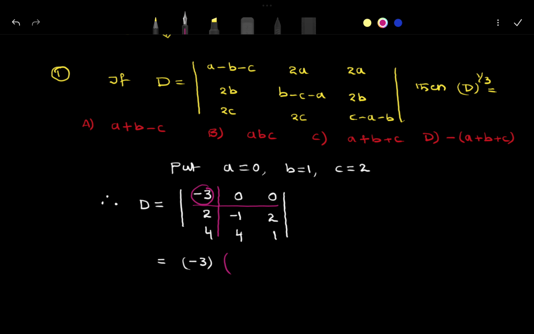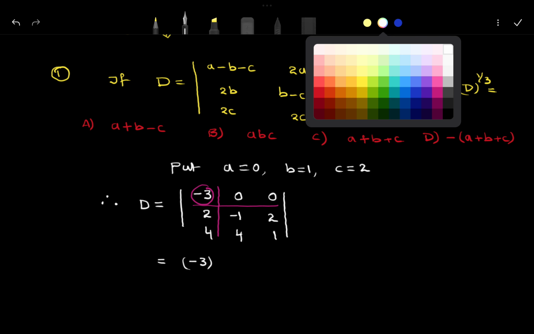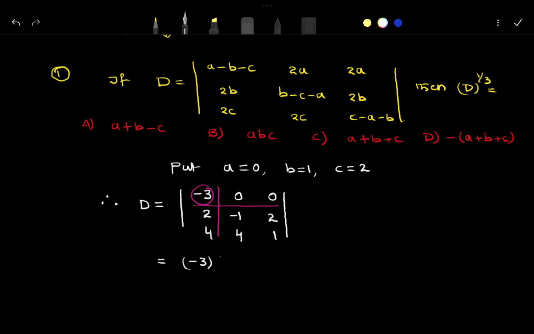That value is minus 1 into 1, minus 1 into 1, that value will be equal to minus 1, and minus 8. And remaining values: minus 0 into something is 0, plus 0 into something will be 0. So finally your result will be minus 3 into minus 9. Okay, so this value will be equal to 27.